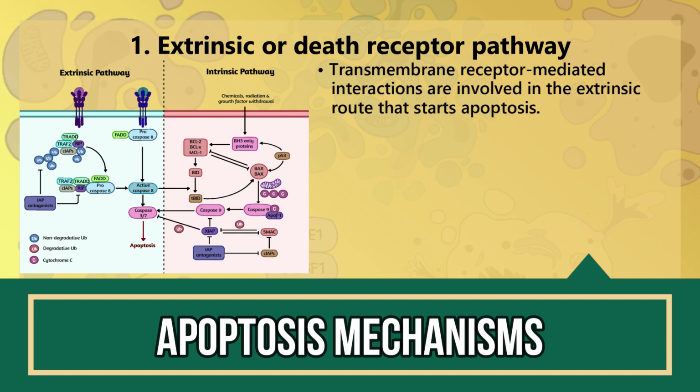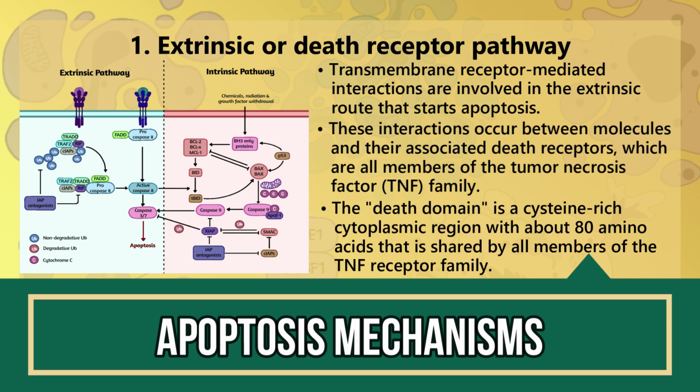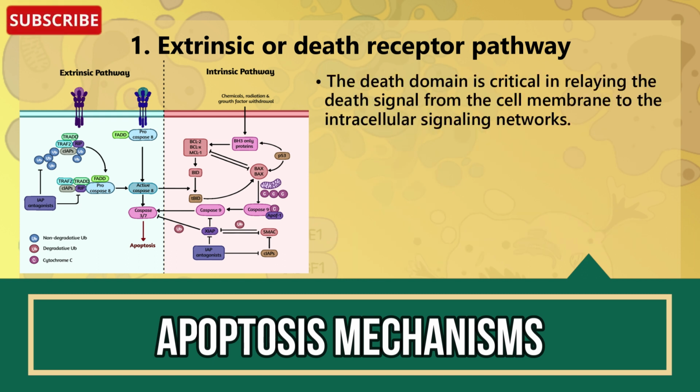Transmembrane receptor-mediated interactions are involved in the extrinsic route that starts apoptosis. These interactions occur between molecules and their associated death receptors, which are all members of the tumor necrosis factor family. The death domain is critical in relaying the death signal from the cell membrane to the intracellular signaling networks.